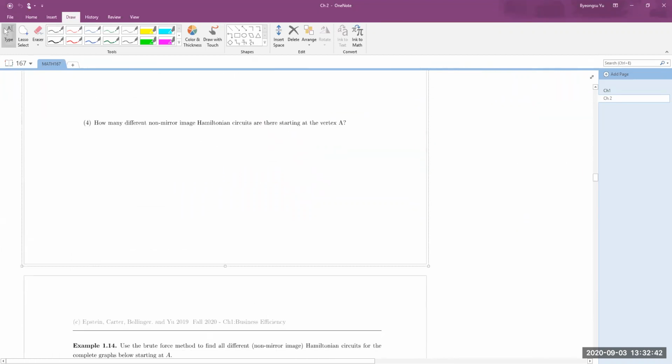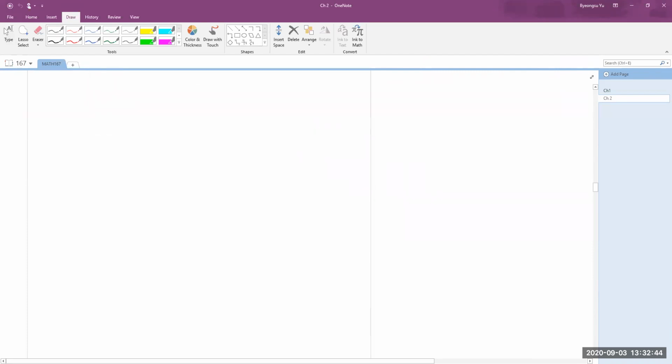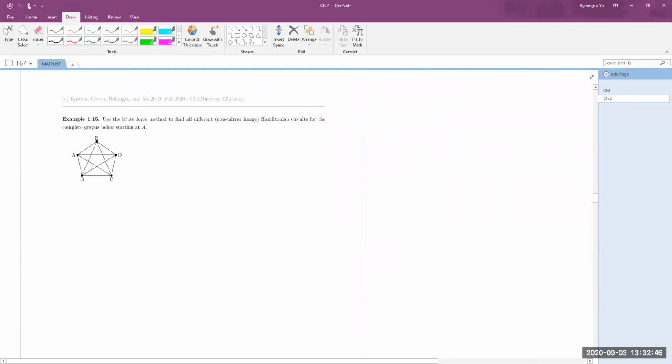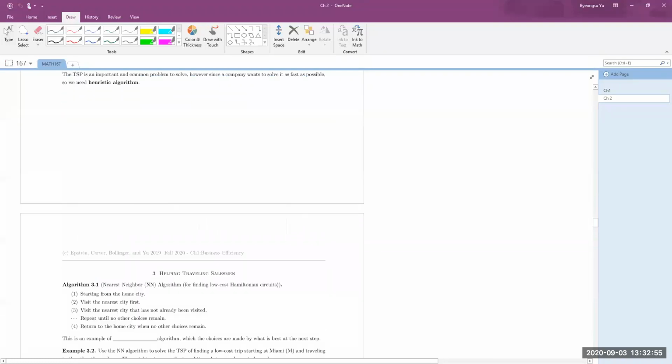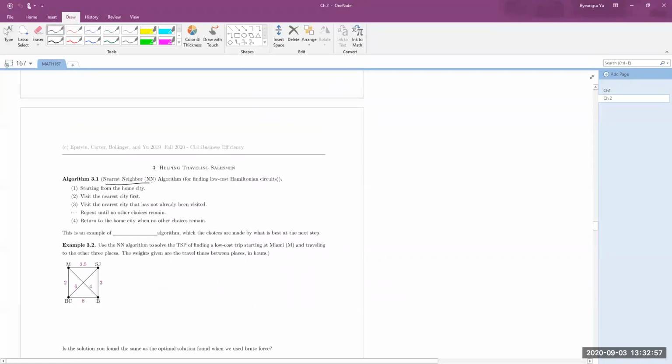And because there are so many possible Hamiltonian paths, one way to get a not optimal but better solution is to use the nearest neighbor algorithm. So here is the nearest neighbor algorithm.